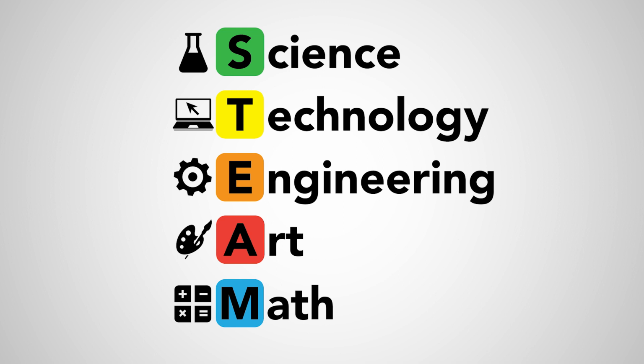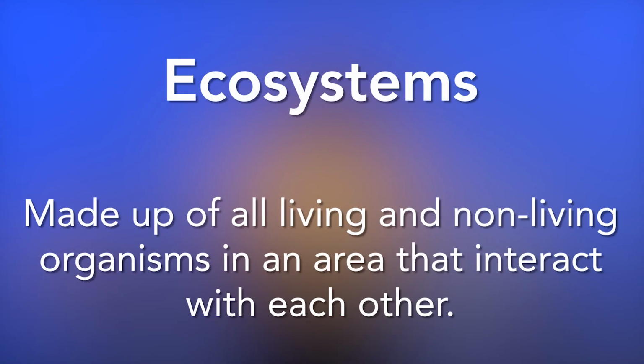Now let's explore ecosystems. Ecosystems are made up of all living and non-living organisms in an area that interact or connect with each other. Ecosystems consist of plants, animals, and other living things that make up the communities of life in an area, as well as non-living things such as the sun, soil, water, air, and weather.